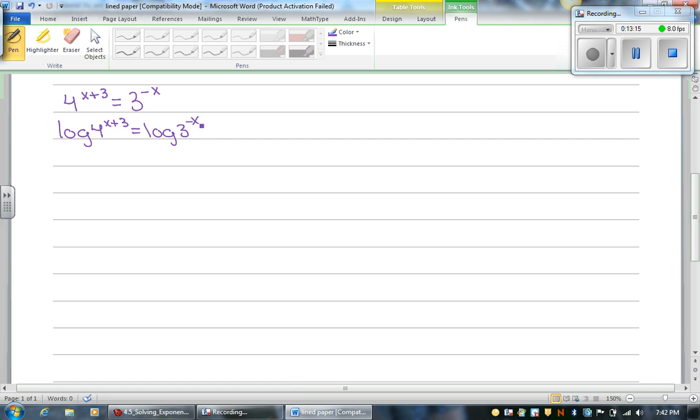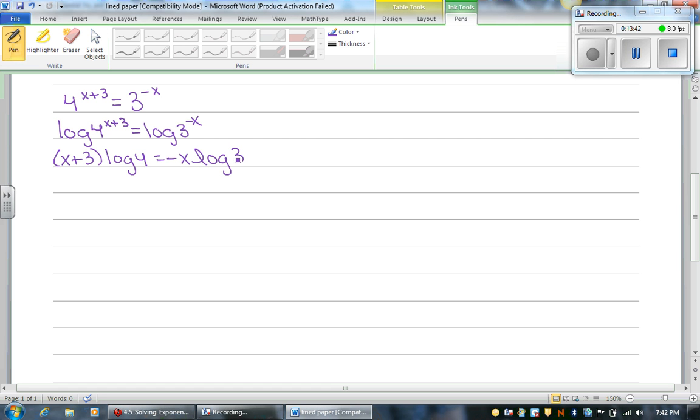Okay, so what I'm going to do next is rewrite this by moving my exponents. These exponents come out front. So (x plus 3) log 4 equals negative x log 3.